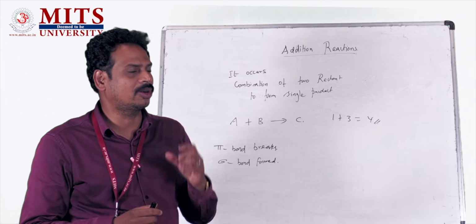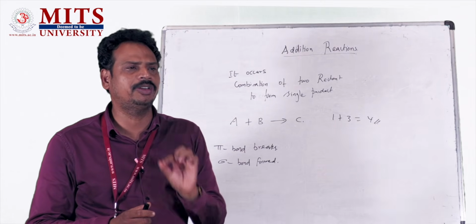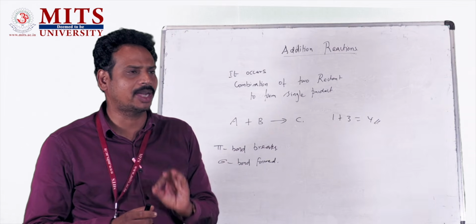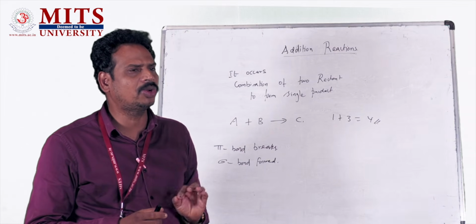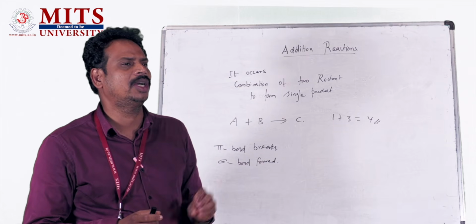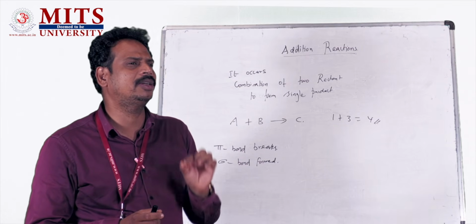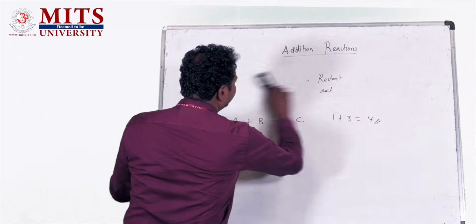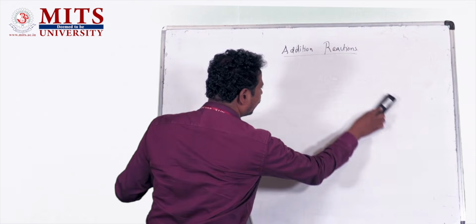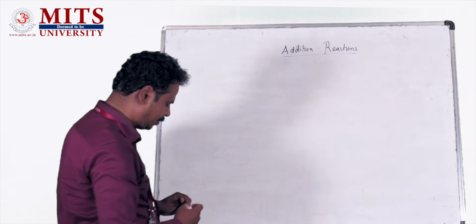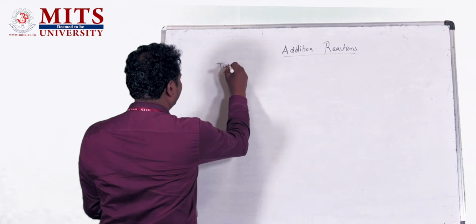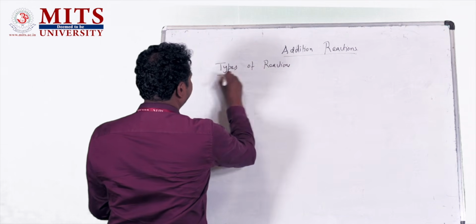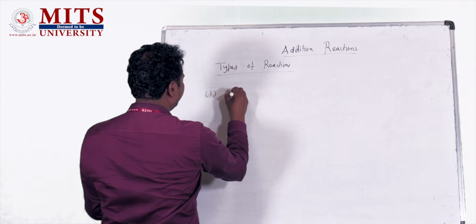Addition reactions are classified into mainly three different types. The first one is electrophilic addition reactions, the second one is nucleophilic addition reactions, and the third one is free radical addition reactions. I'll repeat again the types of reactions under addition reaction.